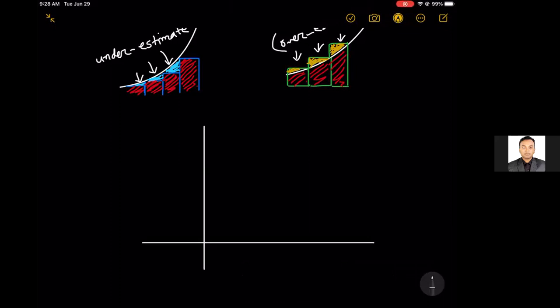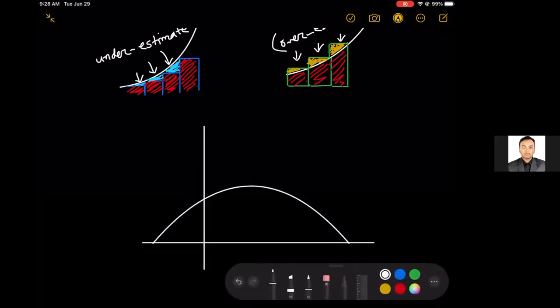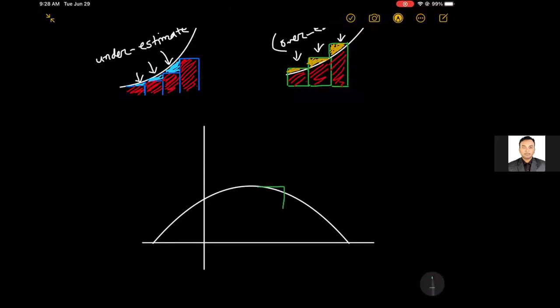Okay, like this. Let's say you have a graph like this, and I'll obviously provide the rectangles as well. Let's say you have rectangles like this.